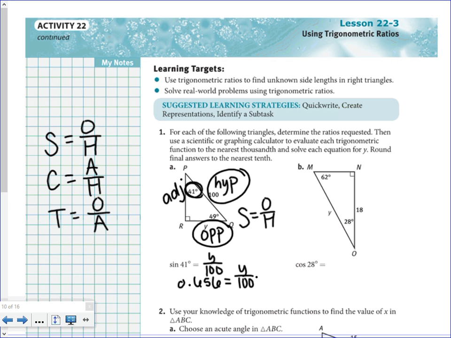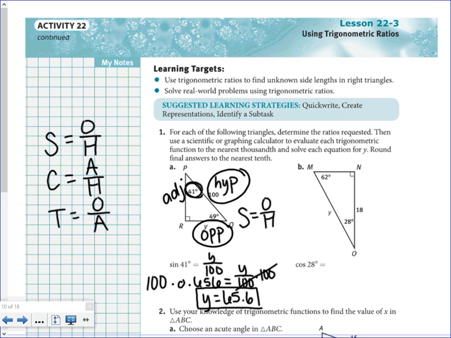So you need to do the reciprocal, which is to multiply by 100. And so on the left side, you're also going to multiply by 100. And so if you do 100 times 0.656, you end up with the fact that y equals 65.6. So that would be how you find y there.